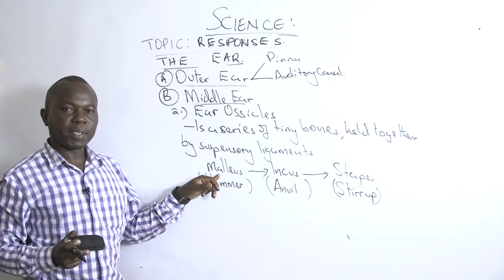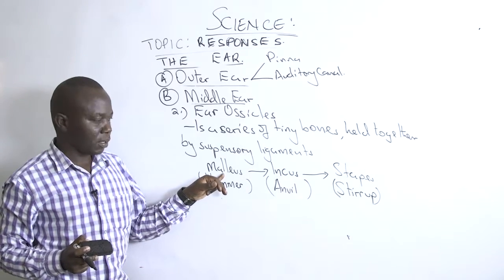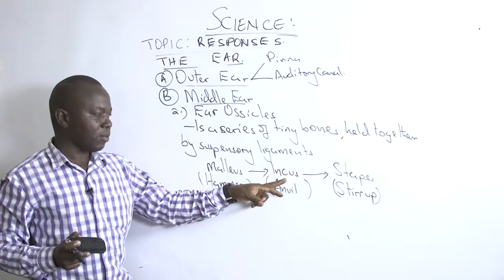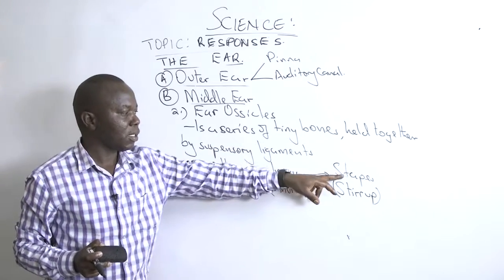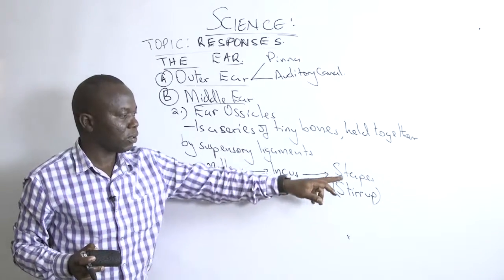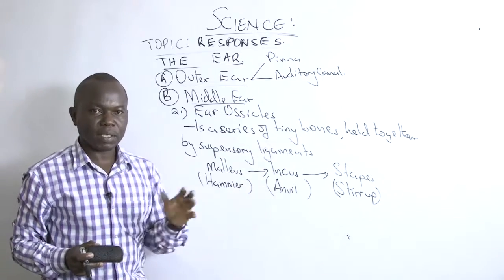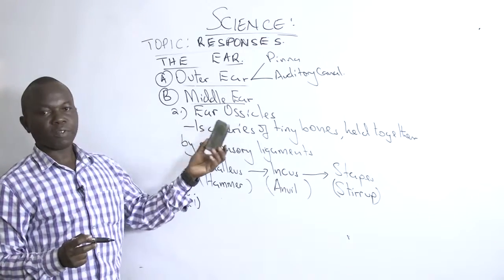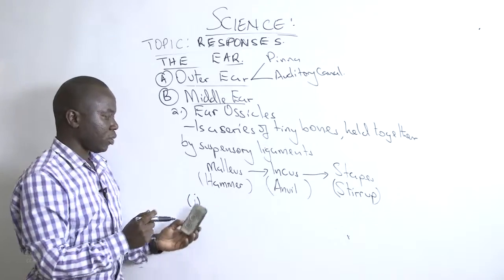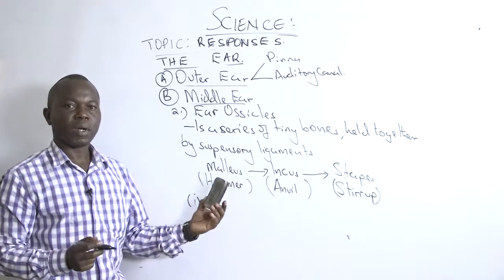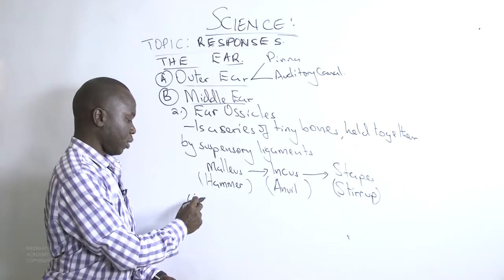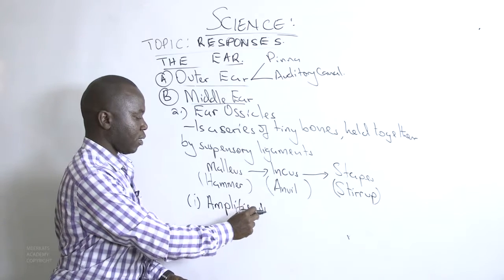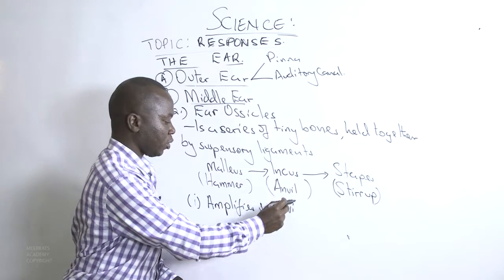The first ossicle that picks up the sound vibration is the malleus, which vibrates and transfers the sound vibration to the incus. It vibrates and also transfers sound vibration to the stapes. As they vibrate, two things will happen. One of them, which forms the role of the ear ossicles, is amplification. So the role of the ear ossicles is to amplify sound vibrations.